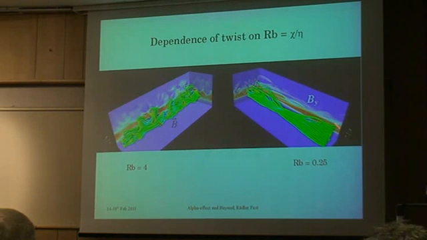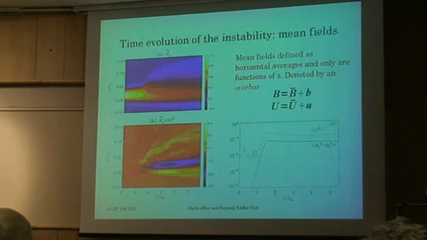You can clearly see that the flux tubes in the low Roberts number case are less twisted than in the high Roberts number case. This may be favorable because the sun might have such conditions in the overshoot layer, and that might lead to formation of twisted flux tubes at the bottom.